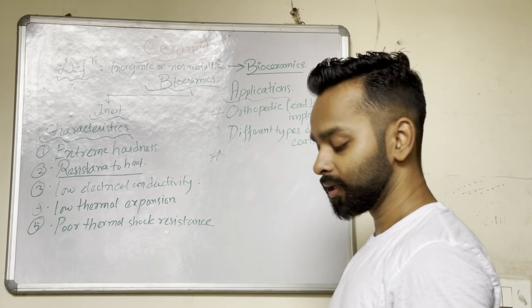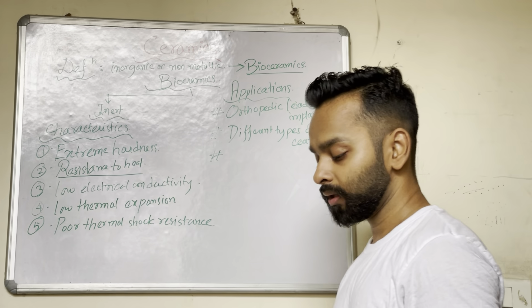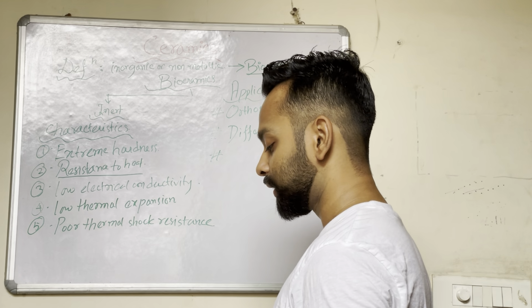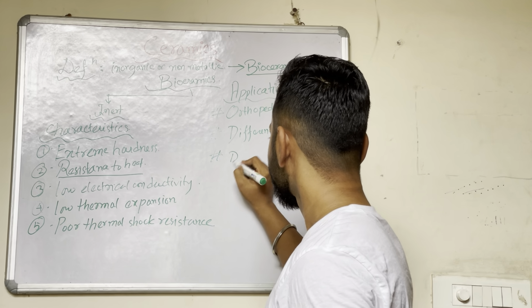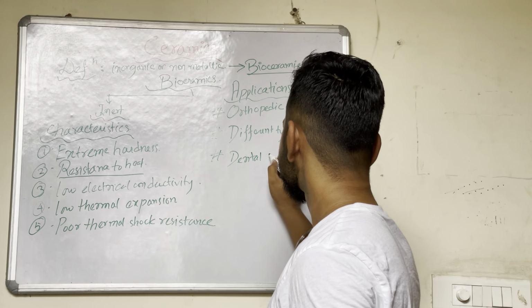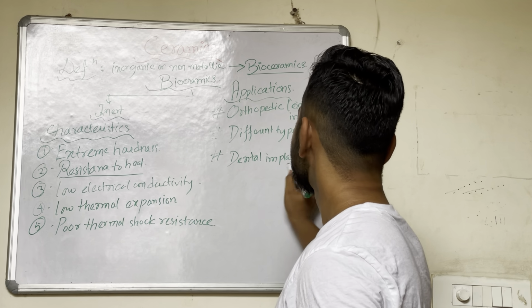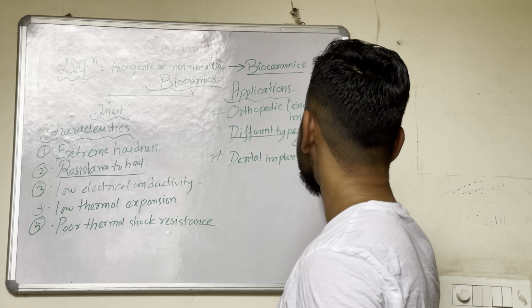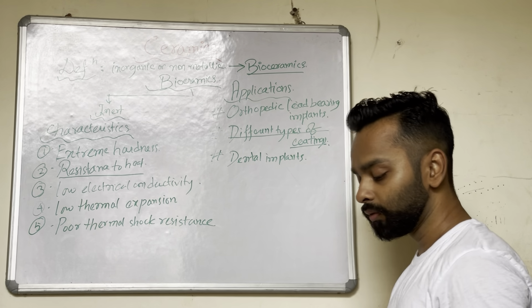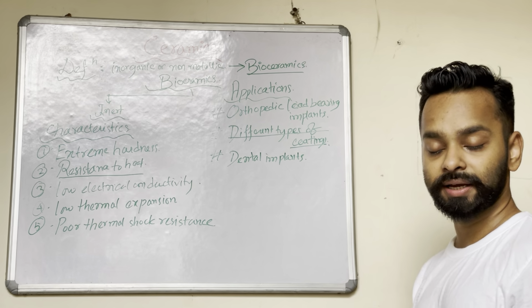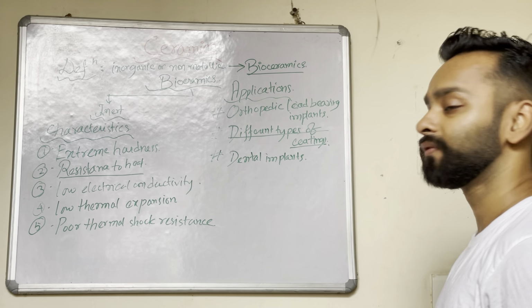Then there is another interesting application, that is dental implants. Examples of the different types of surface coatings would include hydroxyapatite, surface active glasses and the different types of glass ceramics.